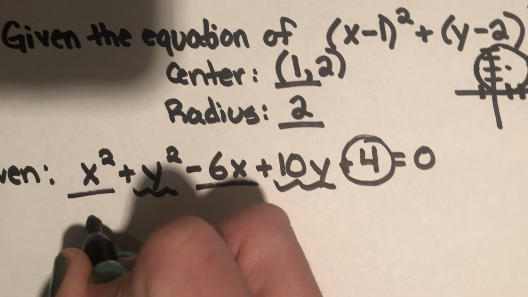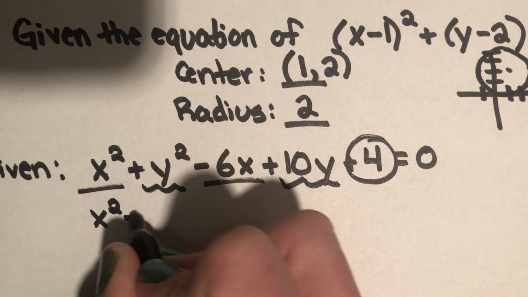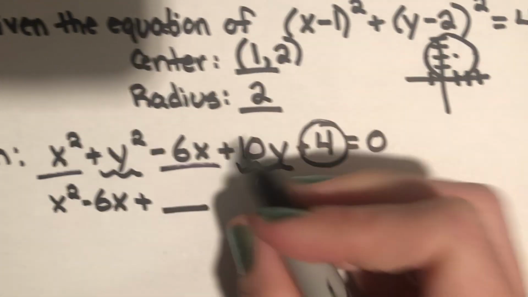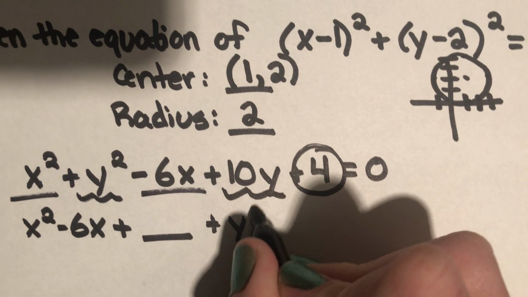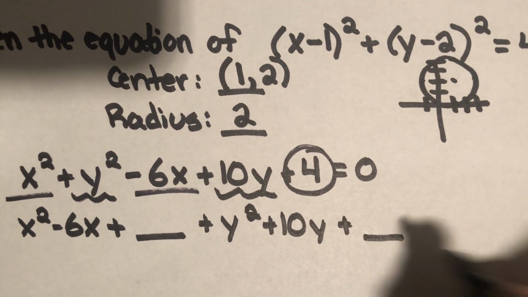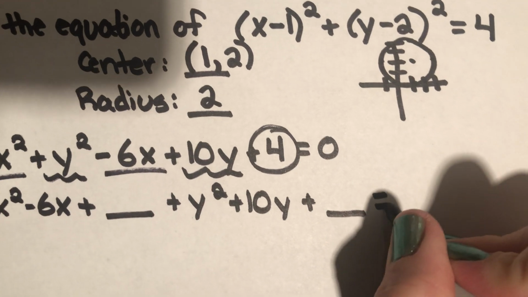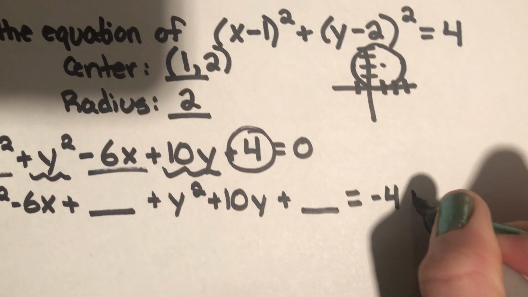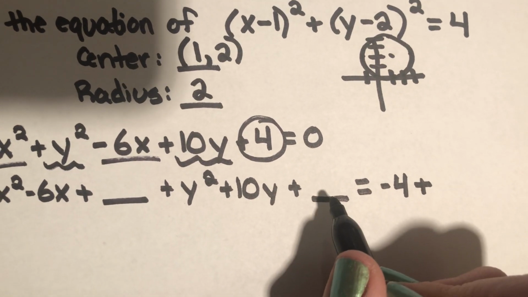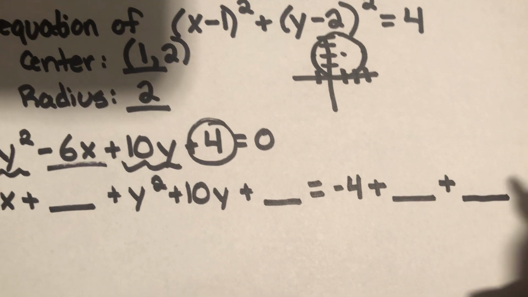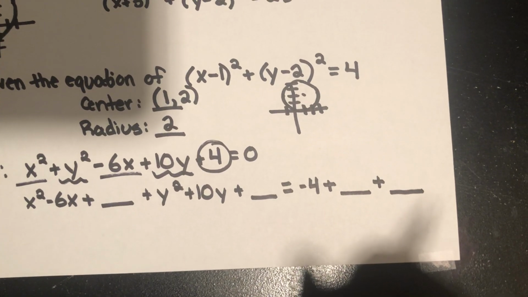So I need x squared minus 6x plus blank, plus y squared plus 10y plus blank, equals negative 4 plus blanks. Since I added 2 blanks on the left-hand side, I need to add 2 blanks on the right-hand side.